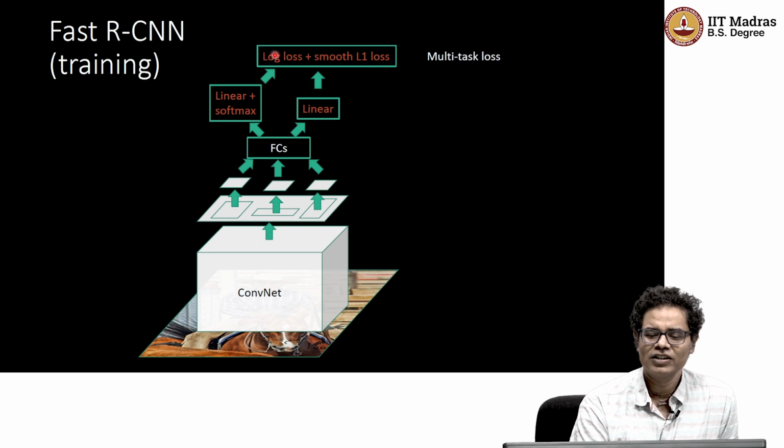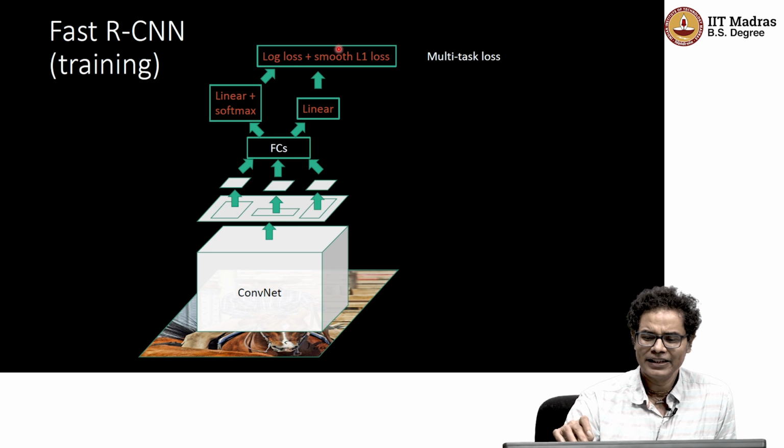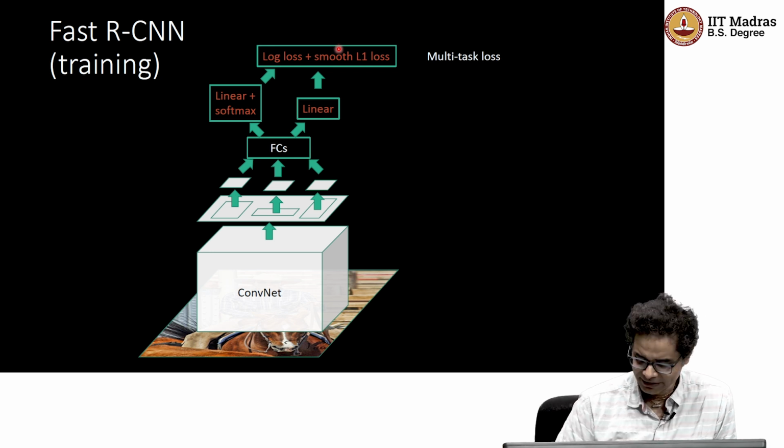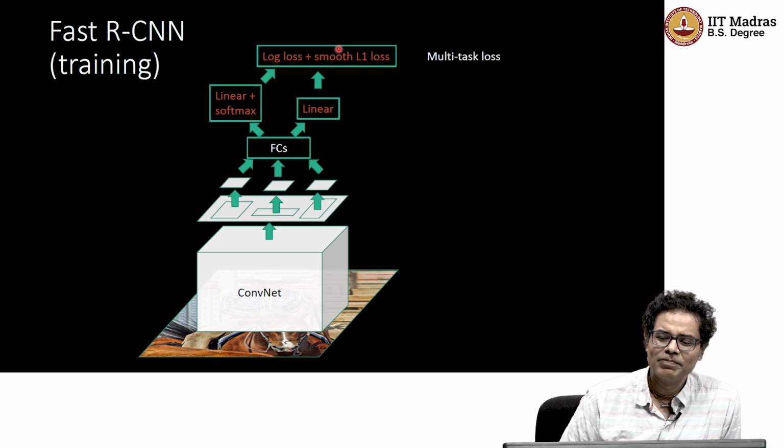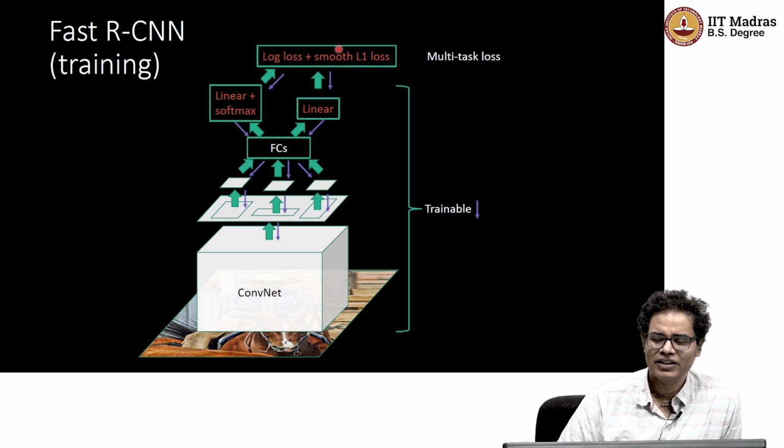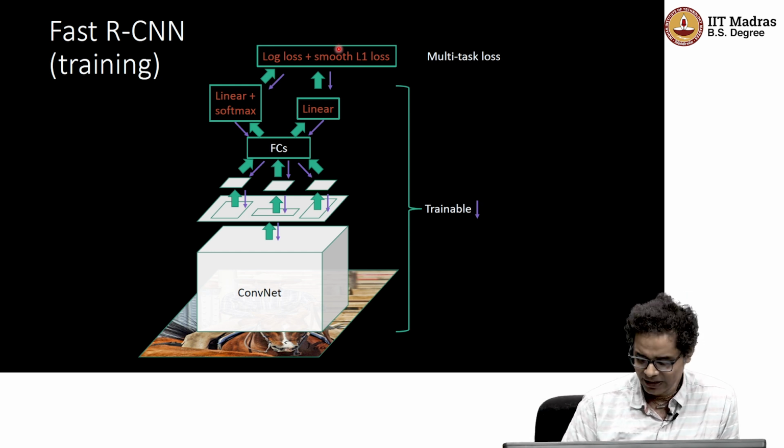You can have a loss which is the addition of the two, maybe a weighted addition is also fine. This is a multitask loss, because it gives the bounding box coordinates as well as the class label. Then you can backpropagate and train your ConvNet, the fully connected layers, and also these linear layers.